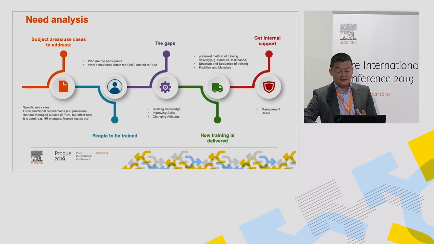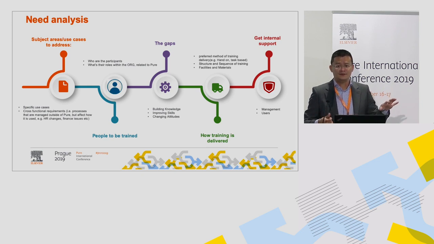Yeah, and the last thing is really important. We need to gain the internal support. You need to gain your internal support, because when we look at the successful Pure users, there is always a different success story. But when we look at those customers that are still struggling to bring Pure up, they lack internal support.